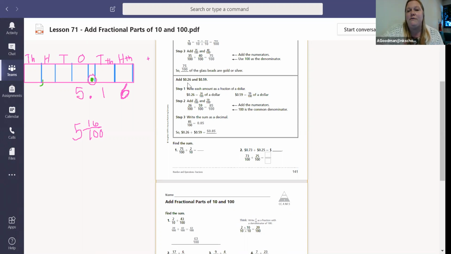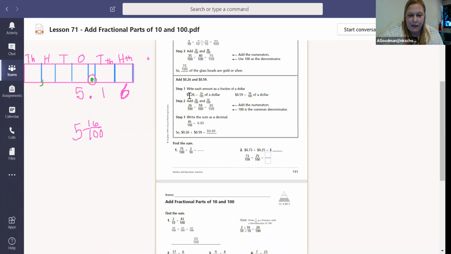Normally in your life, you would probably just add 26 plus 59 and you would get whatever that is, 85 cents. You don't have to go through the silliness of changing it to a fraction first. But since that's what they do here and you just need to know what that means, fraction and decimal together, we're going to do that.